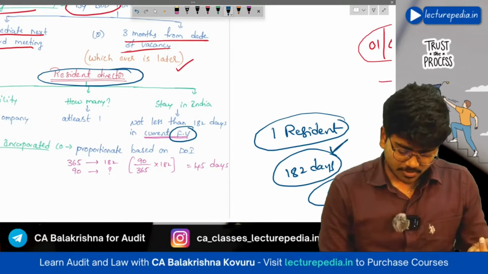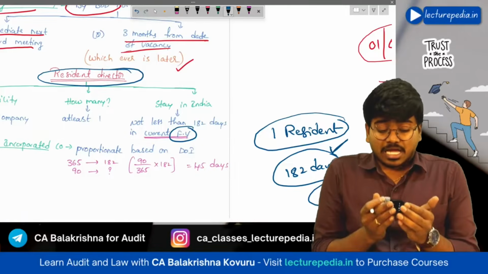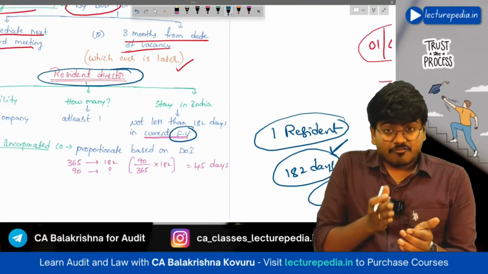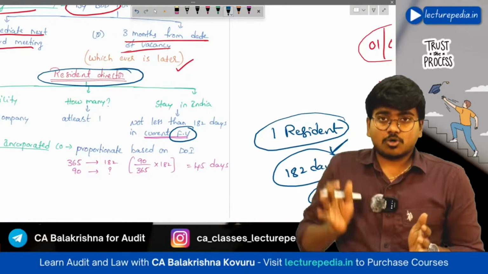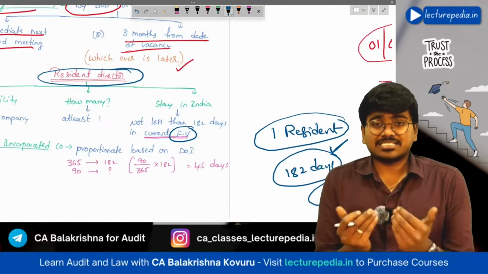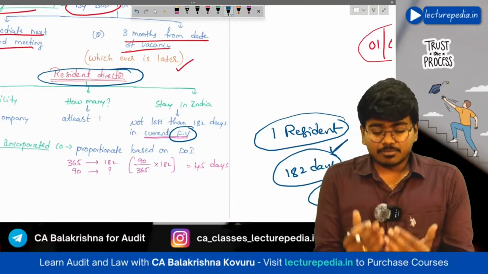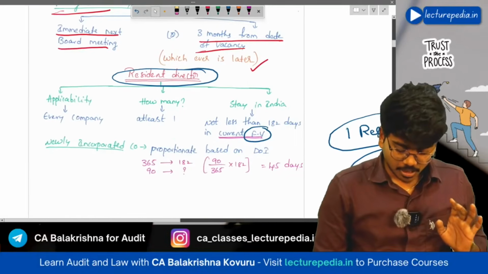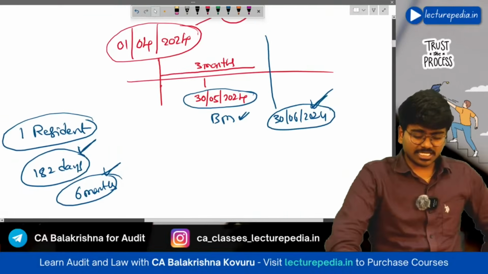So 182 days means 6 months. So at least one director must stay in India for at least 182 days or more. This is concept of resident director. So every company must have at least one resident director. Hope that is clear.